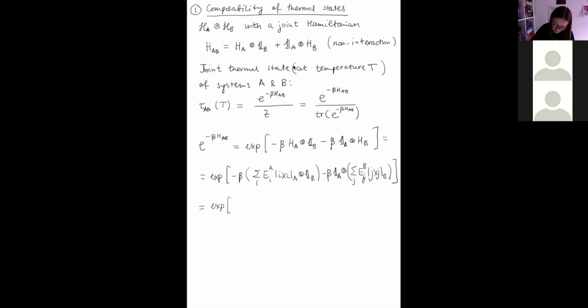Here it is the exponential of minus beta, and I write back the H_A since we already know that the way we expressed it was diagonal.